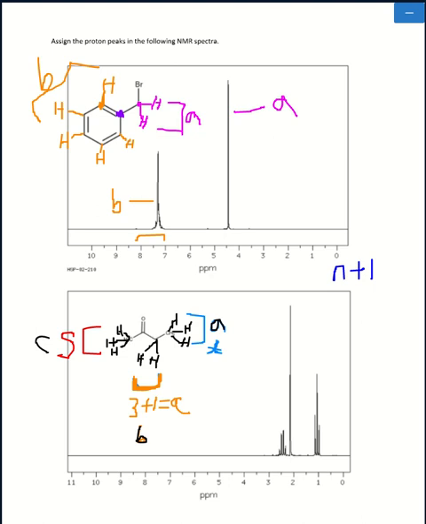Quartet, triplet, singlet does not mean the number of hydrogen for that signal. That means the number of hydrogen neighboring the ones that you are actually looking at.